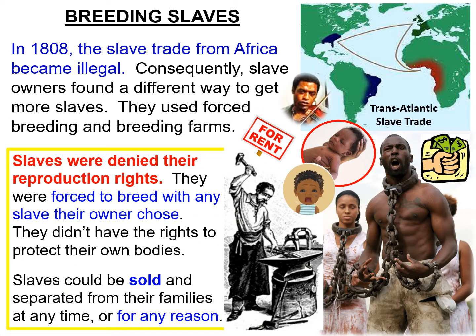Now, with the idea of having more slaves, the people in the South came to a problem. They came to a problem in the year 1808 because the government of the United States said it was now illegal to go over to Africa to buy slaves.